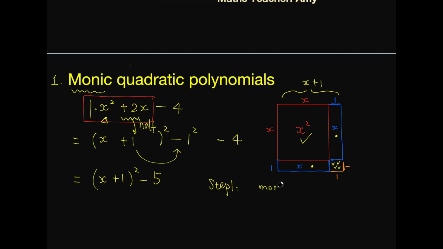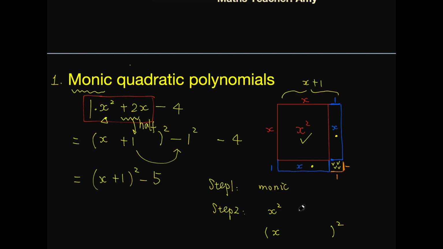First, check it is monic. If it is monic, then we use the second step. For x squared, it will be separated in this way: x in the brackets and a square outside the brackets.